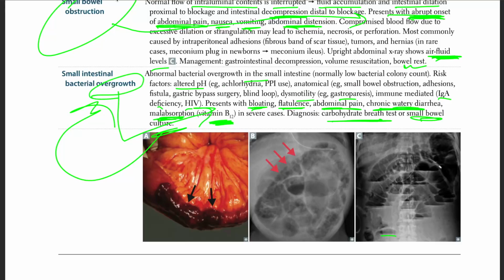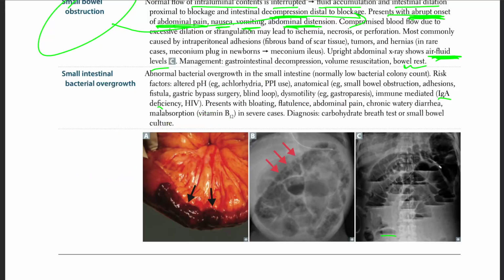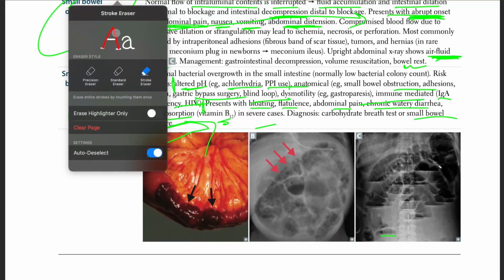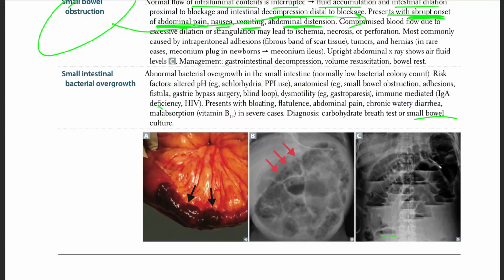They grow because of all of these factors: altered pH, PPI, or any one of them. These are the factors that lead to the overgrowth. When the bacteria have overgrown, they're like, who's the boss now? They are going to cause bloating, flatulence, abdominal pain, chronic watery diarrhea, malabsorption of fats, vitamin B12 in severe cases. And you can diagnose them by checking the cultures. Okay.